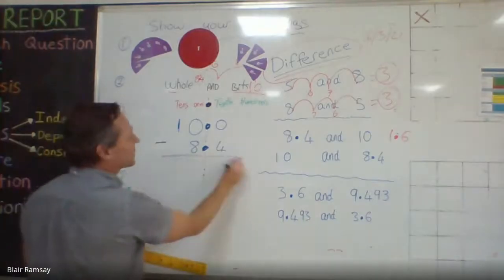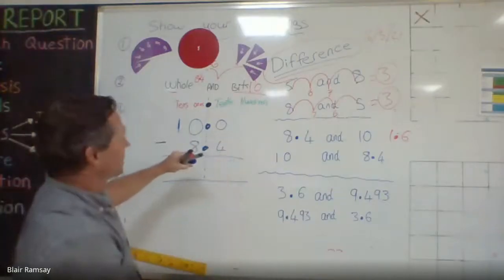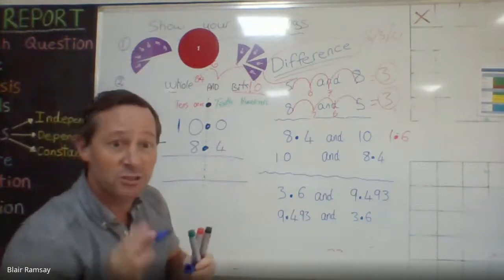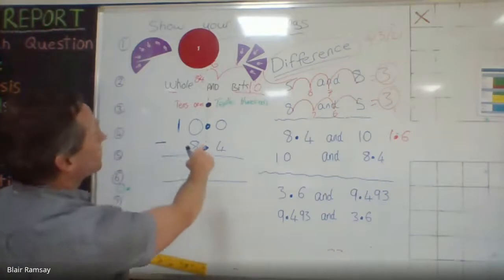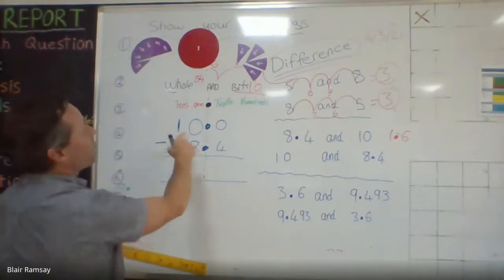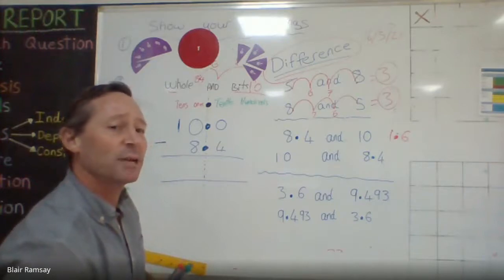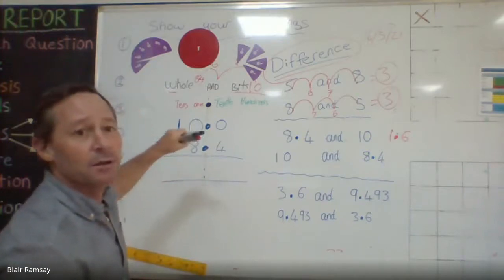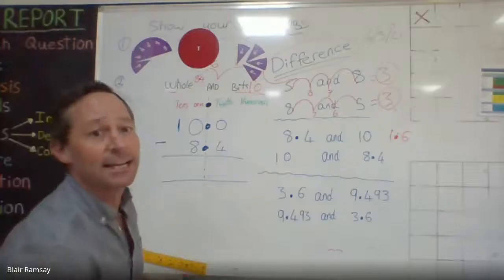Does it make a difference or not really? Doesn't make a difference. No. And when I'm going to minus, tell me what I've said wrong. 8.4 minus 10 will give me the answer. What have I said wrong, or have I said it correct? You said it wrong. What should I say? 0 minus 8.